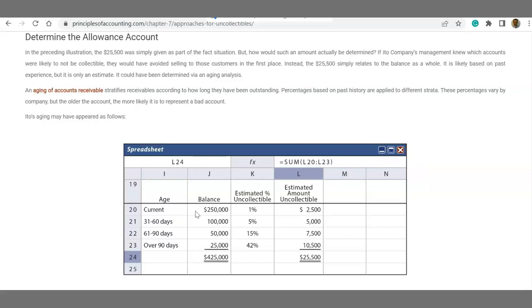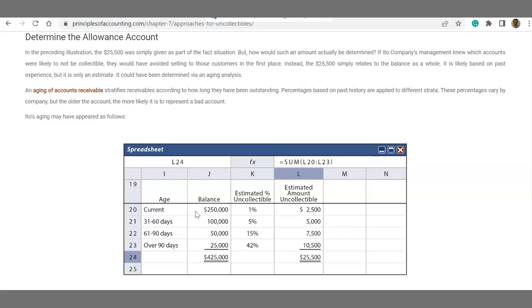You might say, what's the difference? Why don't I care about the allowance leftover balance from last period under percentage of credit sales, but I need to be worried about it under percentage of receivable? There is no precise answer to that, but I came up with an answer.